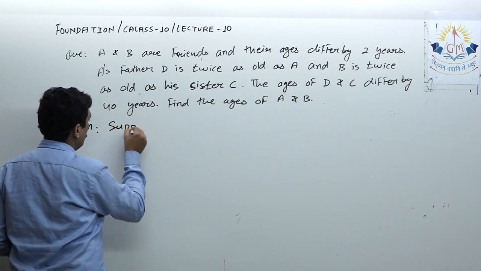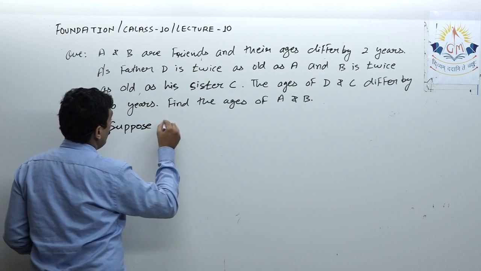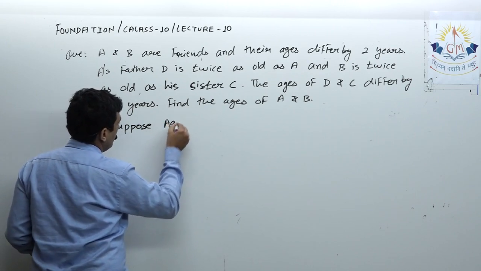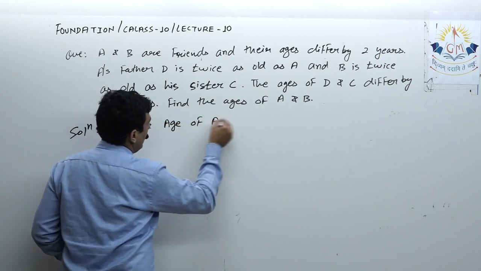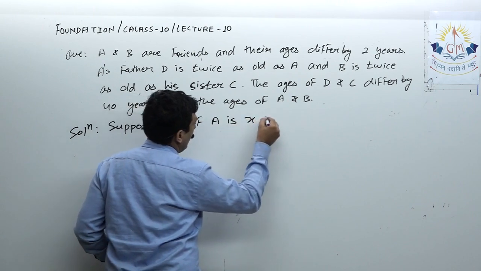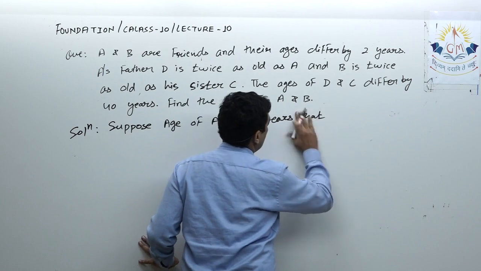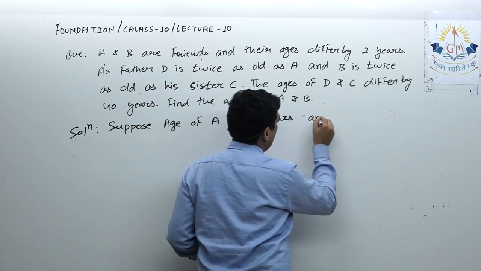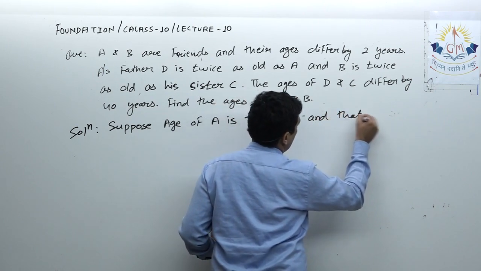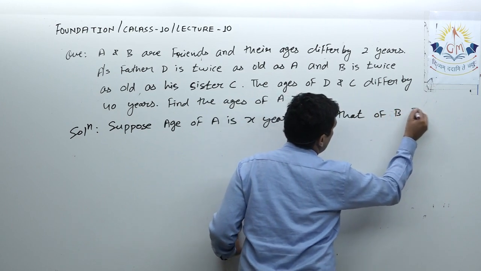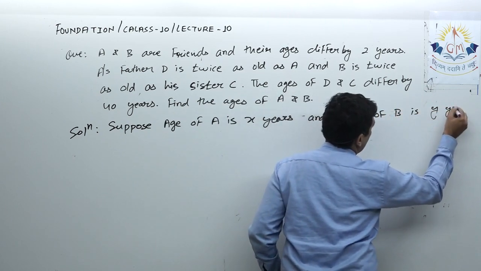Suppose the age of A is x years and that of B is y years.